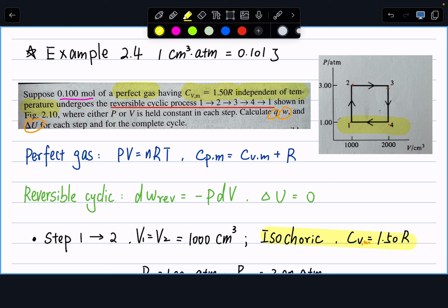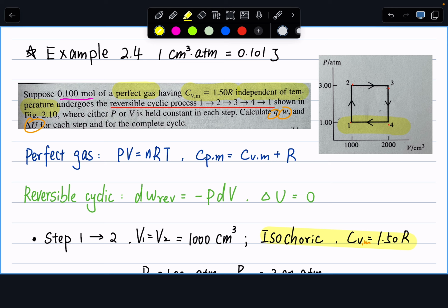So T final, which is my T1, minus T4. And my temperature, PV equals nRT, so temperature equals PV over nR, right? And you can plug in the numbers, you get 2.5 nR times P1V1 over nR minus P4V4 over nR, and my nR and nR cancel out.